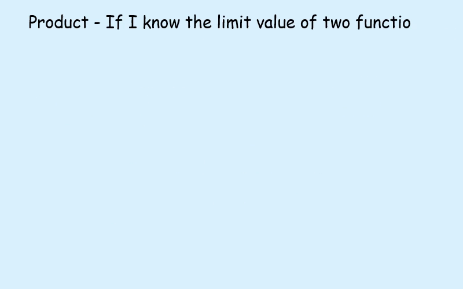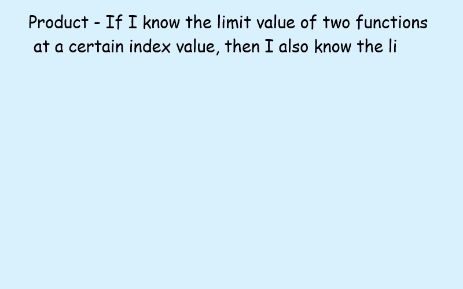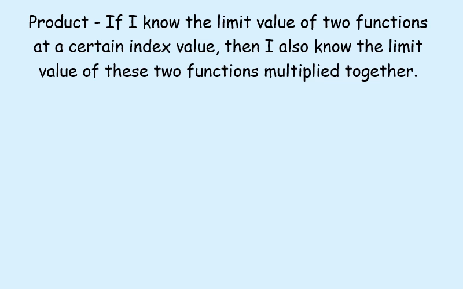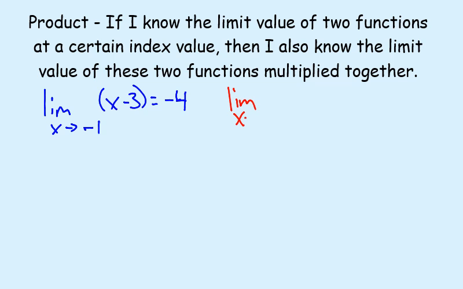Alright, product principle. If I know the limit value of two functions at a certain index value, then I also know the limit value of these two functions when they are multiplied together. So this will be a difference of two squares. Take the limit as x goes to -1 of x minus 3, and this will give me a -4. And for my second function, I'm going to do the limit as x goes to -1 of x plus 3, and this goes to a limit value of 2.